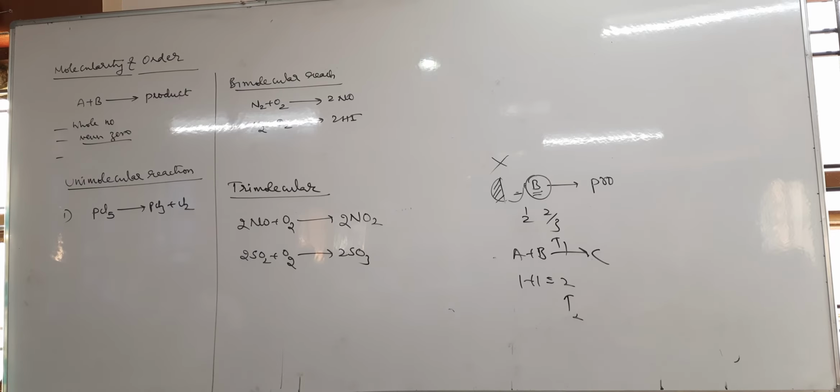Next, if molecularity is 1, 2, 3, what are they called? Unimolecular, bimolecular, trimolecular respectively.